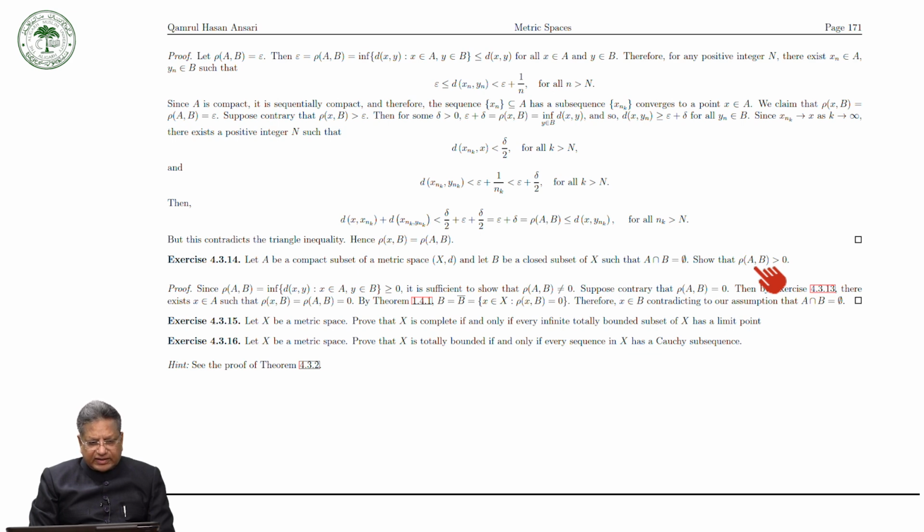Or it is written like this: if A and B are two subsets of a metric space X such that they are disjoint, A intersection B is empty, then rho(A, B) is greater than 0 if: first, A is compact and B is closed; second, A is closed, B is compact, or A is closed, B is closed; third, A is open, A is compact, B is open; fourth, none of the above.